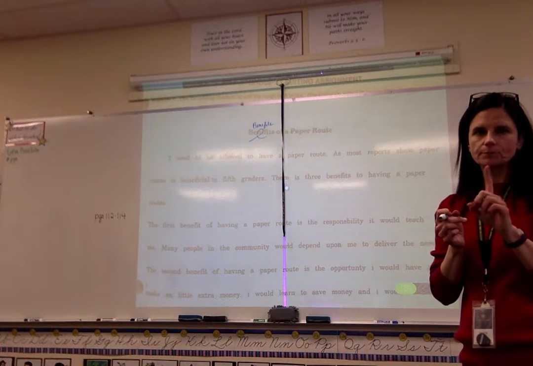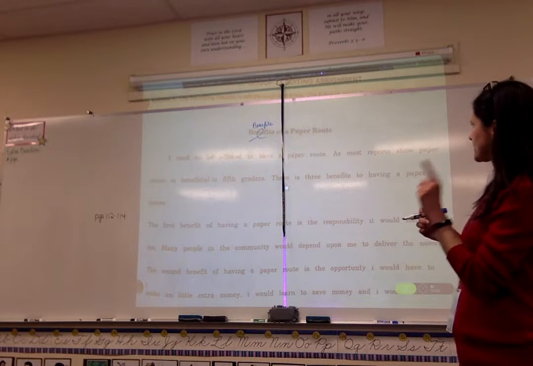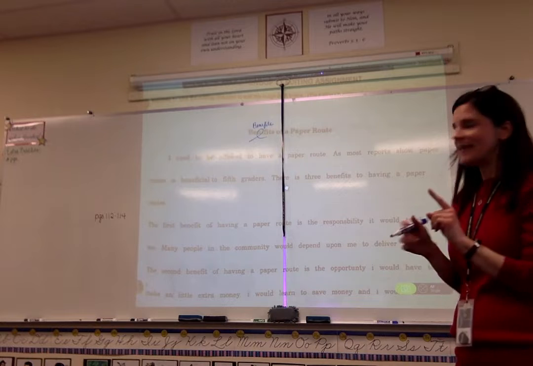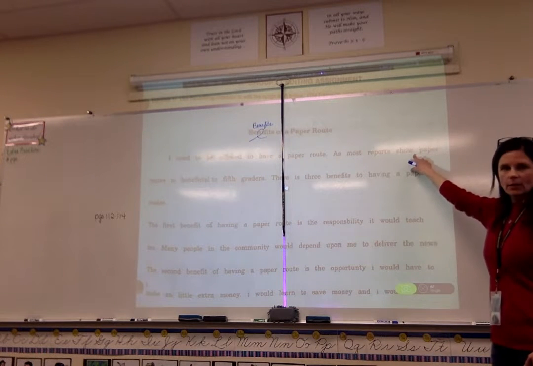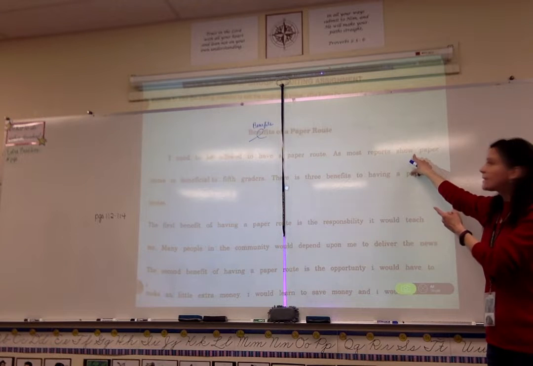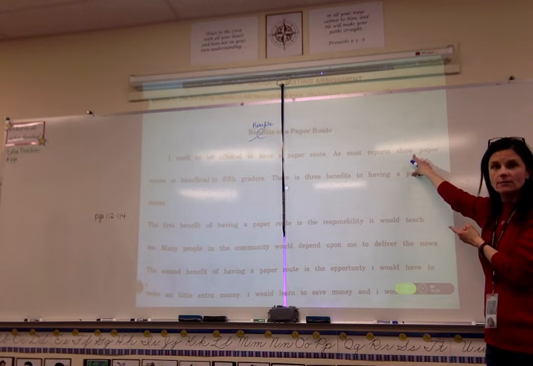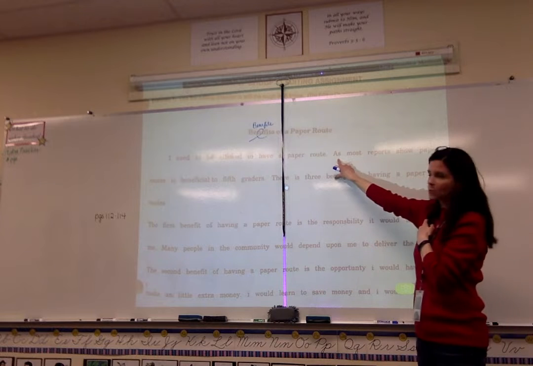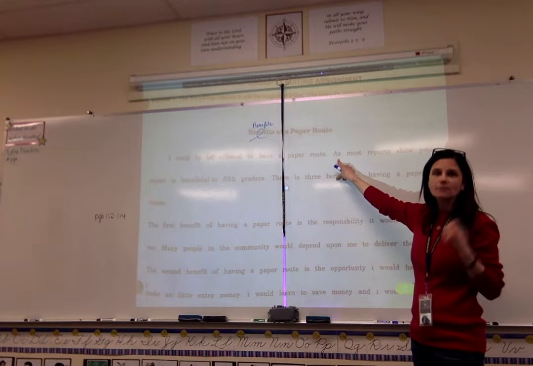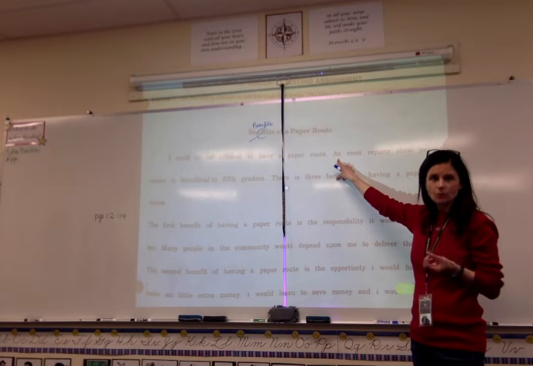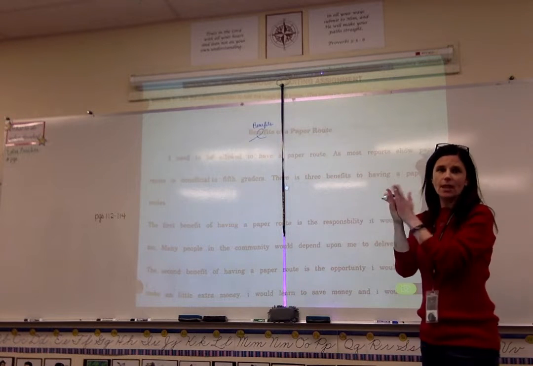First of all, hopefully you notice that the sentence began with, as most reports show. Now that right there, I hope you recognize, is a subordinate clause. And we know this because it begins with a subordinating conjunction. And if you remember our chant for that, subordinating conjunctions introduce adverbial subordinate clauses. Clap, clap.